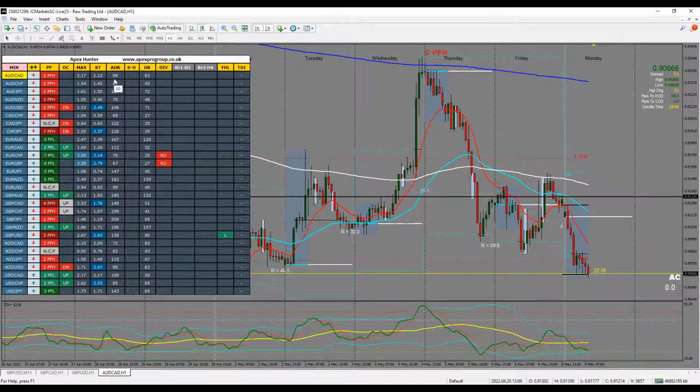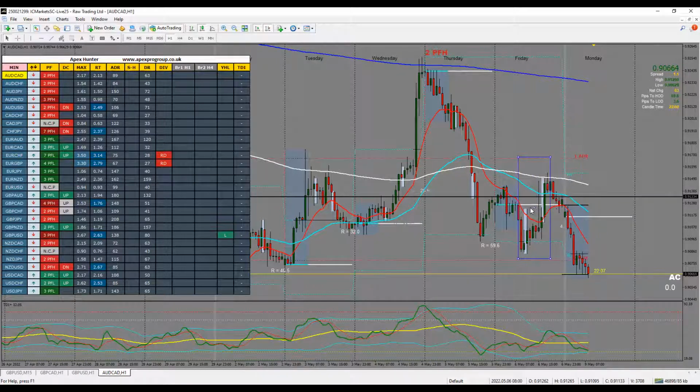The other thing to note is the average daily range. The average daily range of this pair is 89. That means each day it could potentially move 89 pips, which is the same as what the lines mark, you see.